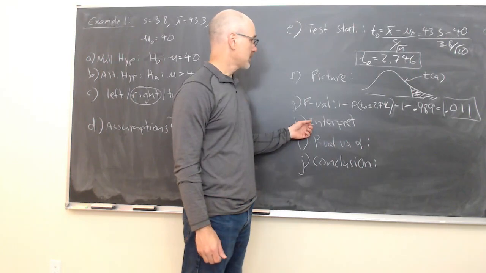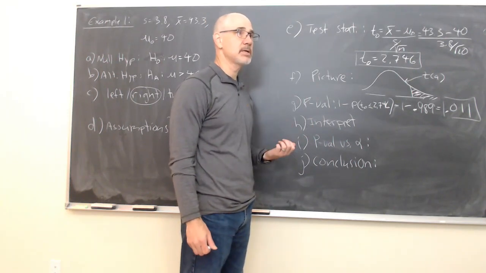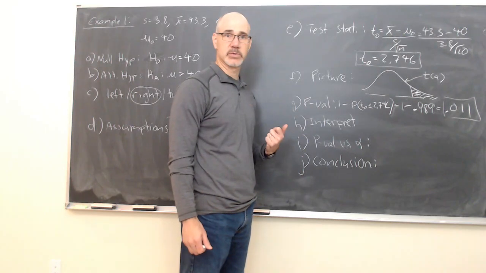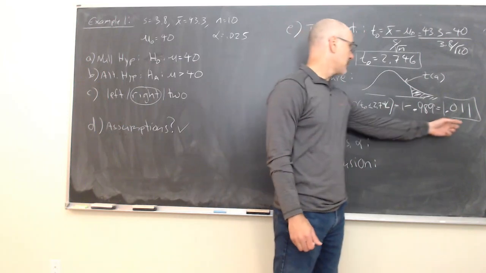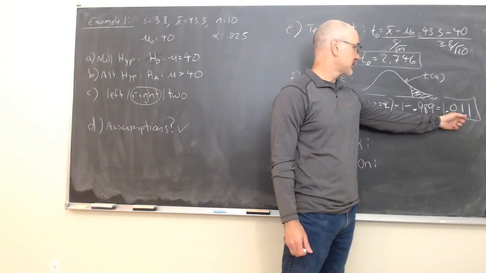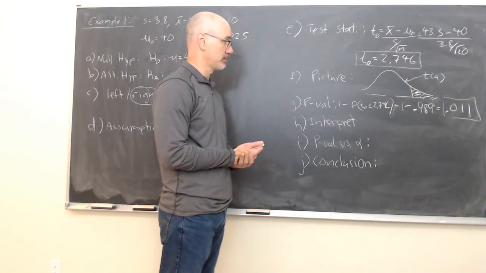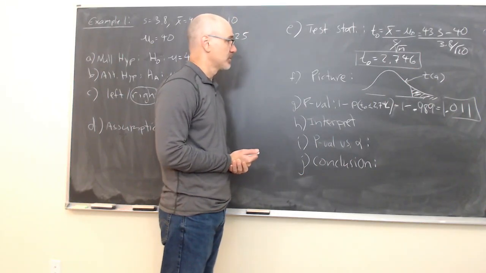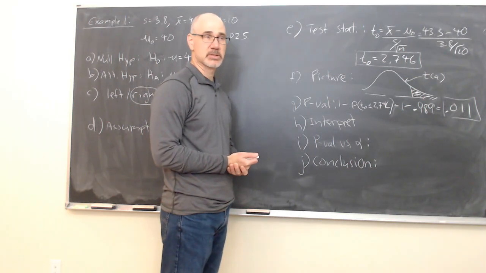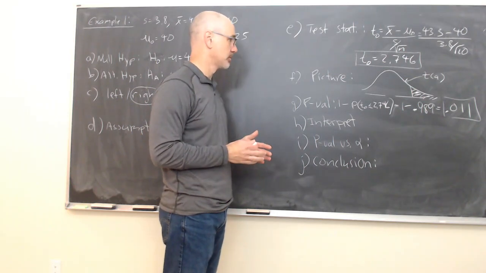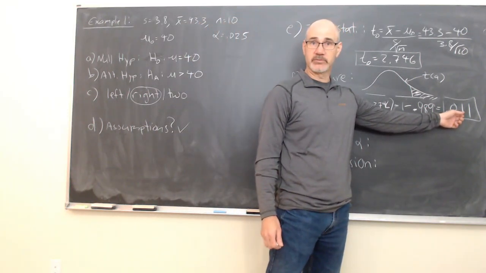But what it means in this context is that if the mean nicotine content of these cigarettes was really 40, then there would be about a 1% chance of getting a sample mean of 43.3 or bigger. So that's not very likely. This is strong evidence against the null hypothesis. Because if the null were true, we would have about a 1% chance of getting the results we did from our sample.